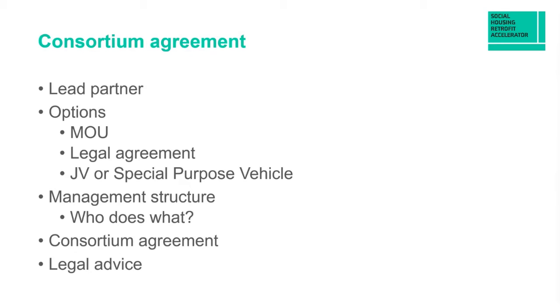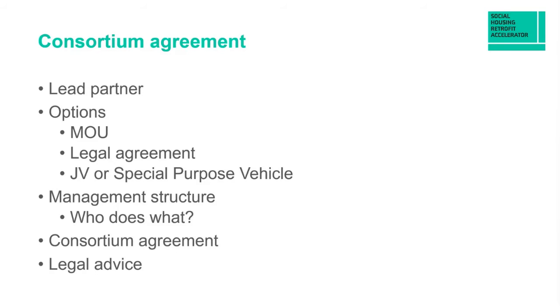Whatever consortium you create, you need a consortium agreement. You need an agreement that lays down what happens. So it'll have to be a lead partner. And there's a complete spectrum of options, from a simple letter of intent or memorandum of understanding, which has no particular legal force, but is just a kind of shared commitment to each other: this is how we're going to do things.